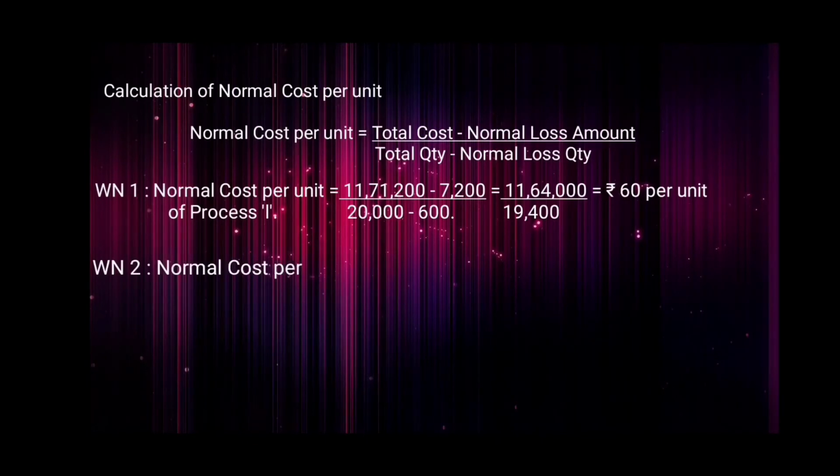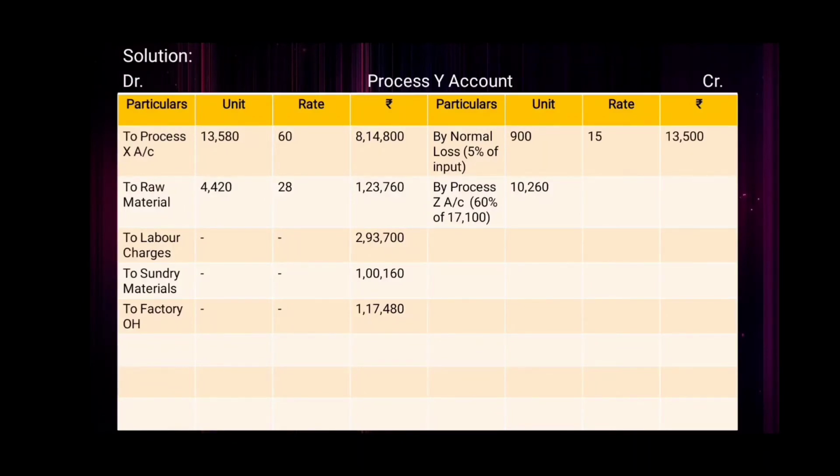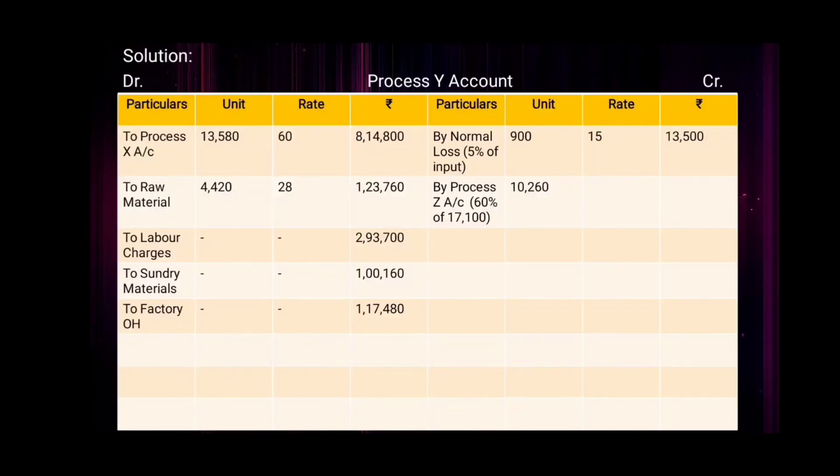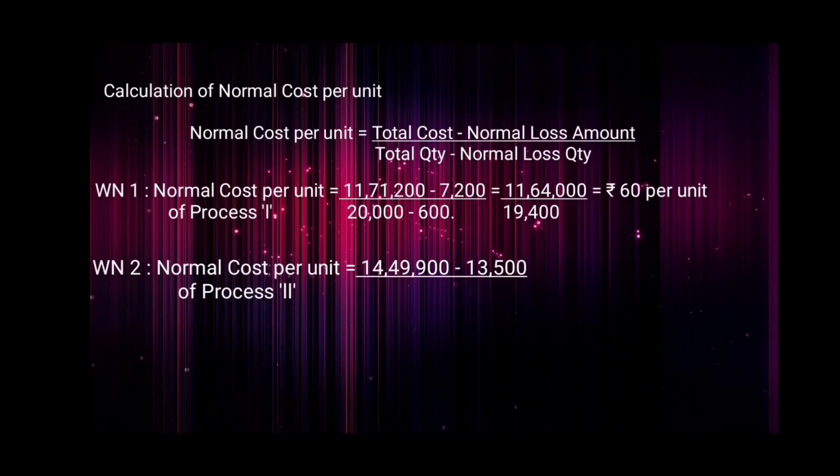Normal cost per unit of process 2, which is equal to total cost, which is 8,14,800 plus 1,23,760 plus 2,93,700 plus 1,160 plus 1,17,480, which will be 14,49,900 minus normal loss amount, which is 13,500, divided by total quantity.